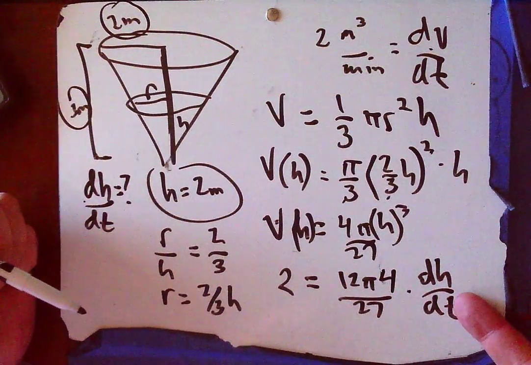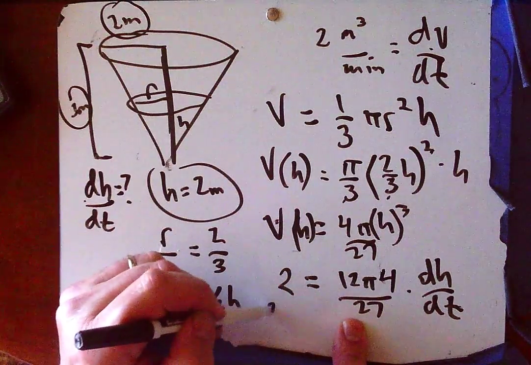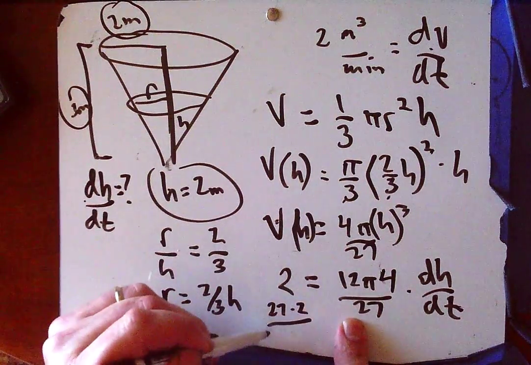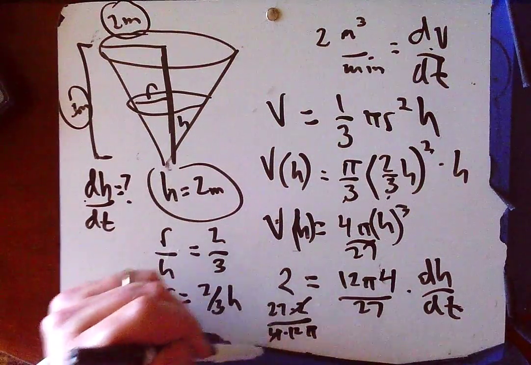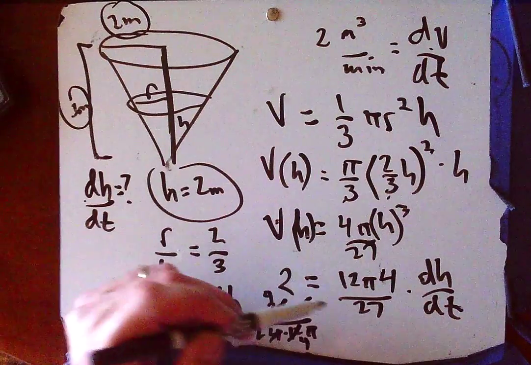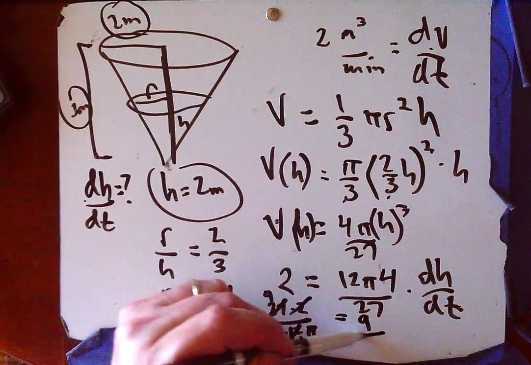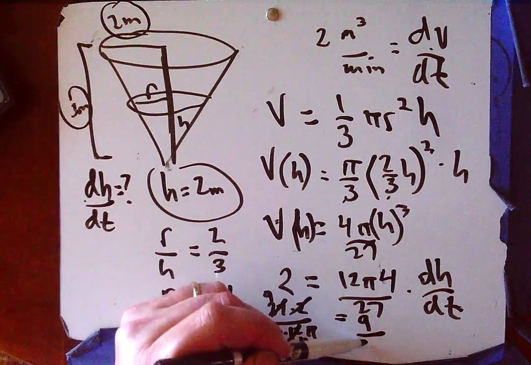So to get dh/dt by itself, I'm going to multiply both sides by the reciprocal here. 27 times 2 over 4 times 12 pi. And I can do some canceling. And 3, and I end up with 9 over 2 times 4 pi, or 8 pi.